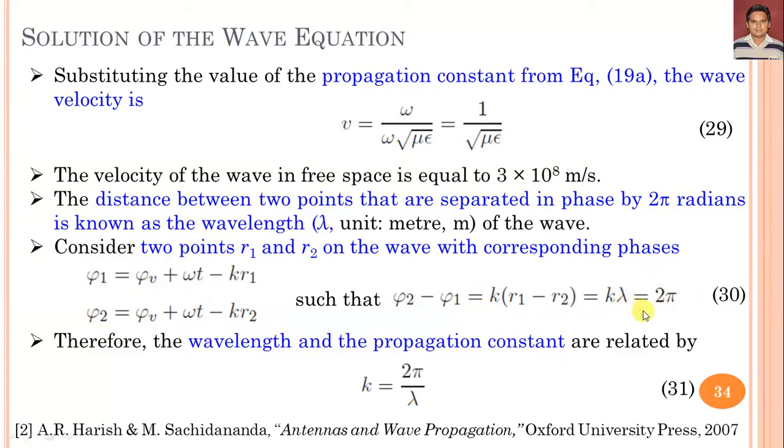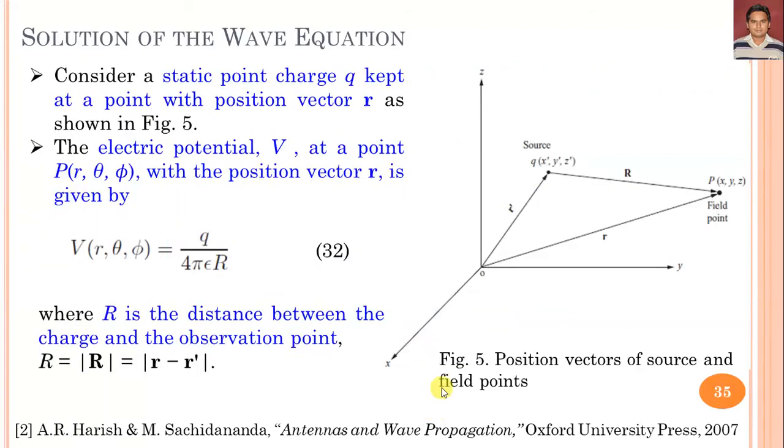This is the wavelength multiplied by the phase constant, through which we can calculate the wavelength, and the propagation constant k equal to 2 pi upon lambda from equation 30. The calculation of the wave velocity, propagation constant and phase difference is required when we analyze different kinds of antennas.